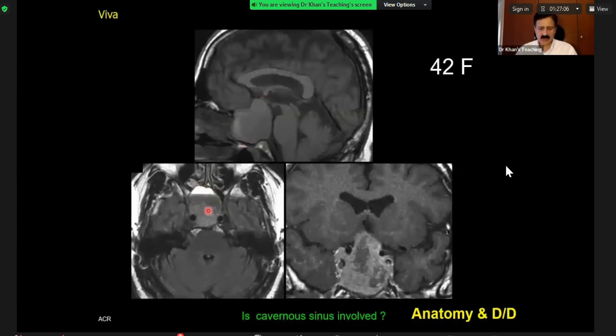With that, there is a fluid level, which is in keeping with pituitary apoplexy, which is bleeding within a tumor. As far as the cavernous sinus is concerned, this is what we call the cavernous portion of the internal carotid artery. On the right side, it is invading the cavernous sinus. How? We will come back to this point.